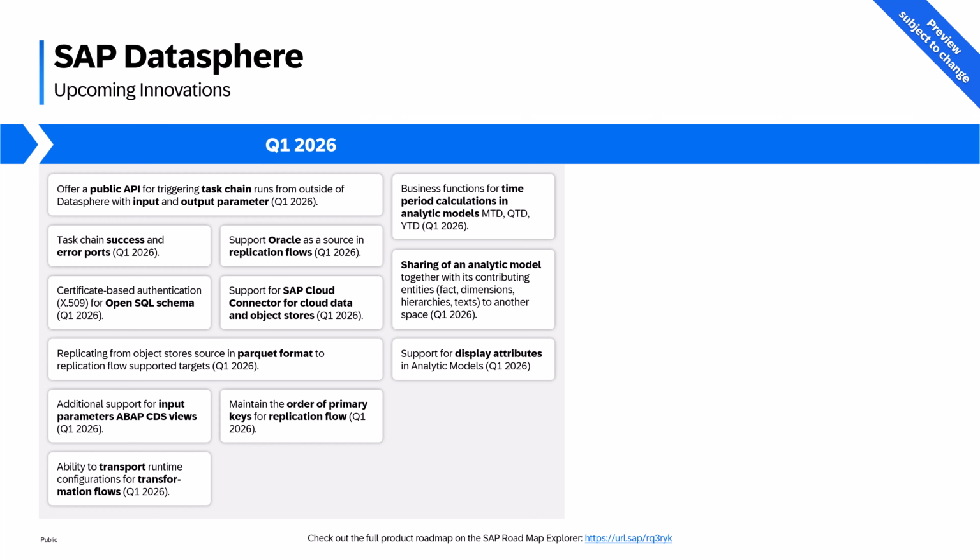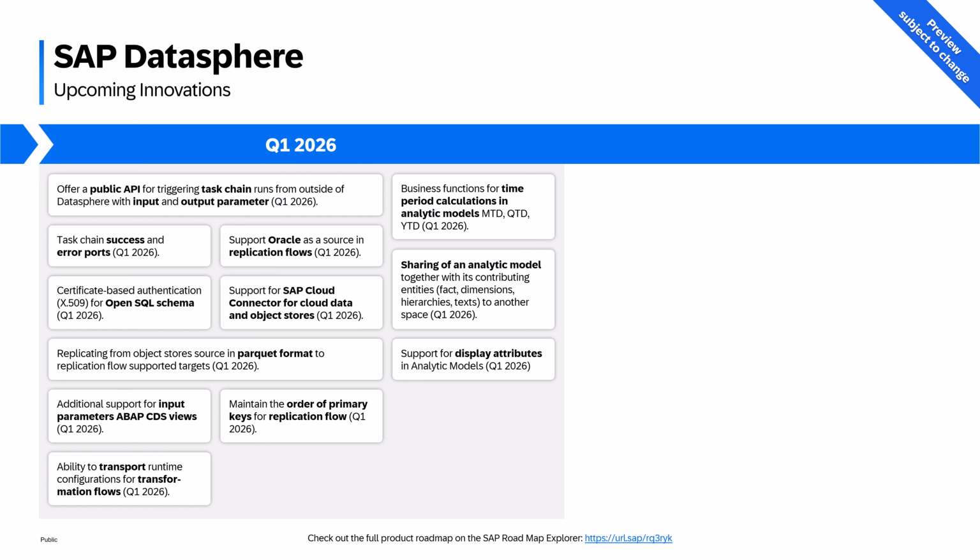On the modeling side, we want to introduce time period calculations like month to date, year to date, quarter to date in Q1, as well as the long-awaited sharing of analytic models, including all of the contributing entities like facts, dimensions, hierarchies, and the likes to other spaces.